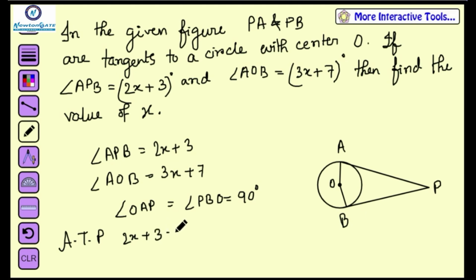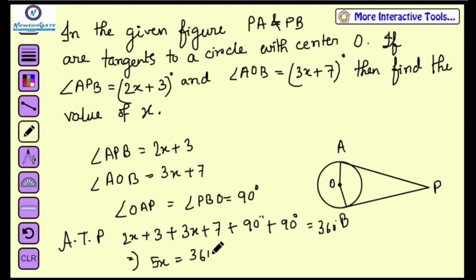So according to the problem, 2x plus 3 plus 3x plus 7 plus 90 plus 90 equals 360. So 2x plus 3x equals 5x equals 360 minus, 90 plus 90 is 180, 180 plus 10 is 190.